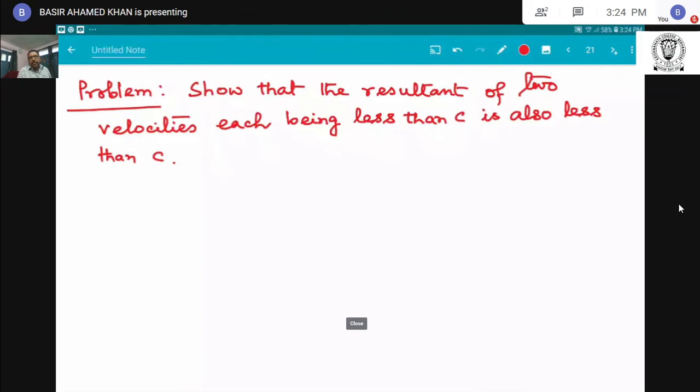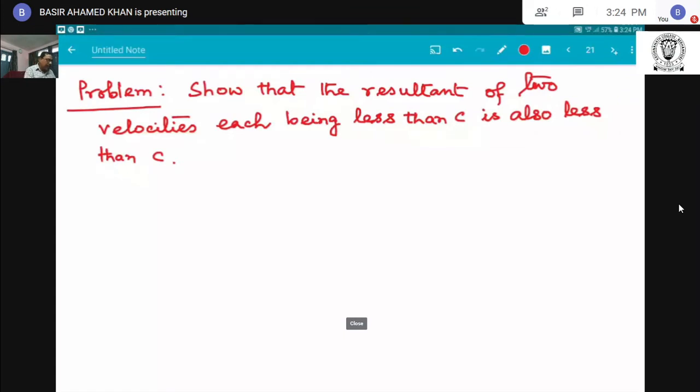That means from the velocity addition theorem, for two velocities which are less than c, after the addition the result is also less than c.